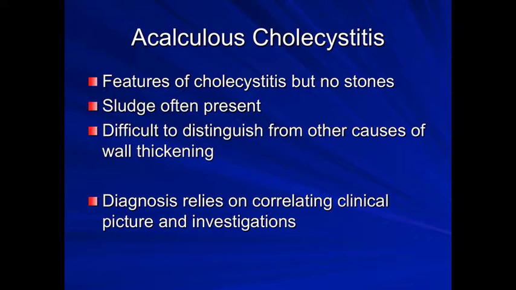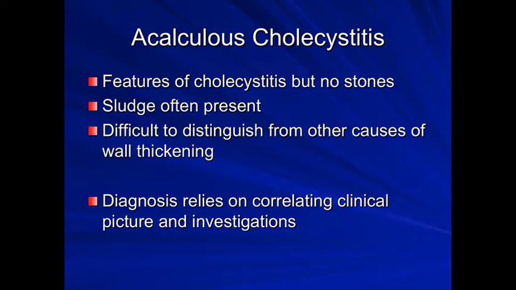Acalculous cholecystitis is a very difficult diagnosis to make with certainty on ultrasound. It's generally said that 5 to 10% of patients with cholecystitis will have acalculous cholecystitis, and these patients usually have comorbidities and are generally very unwell. It has all the features of cholecystitis, but with no stones.